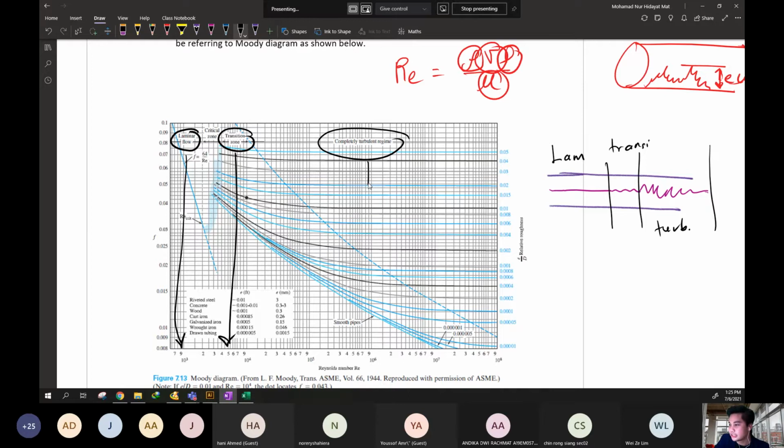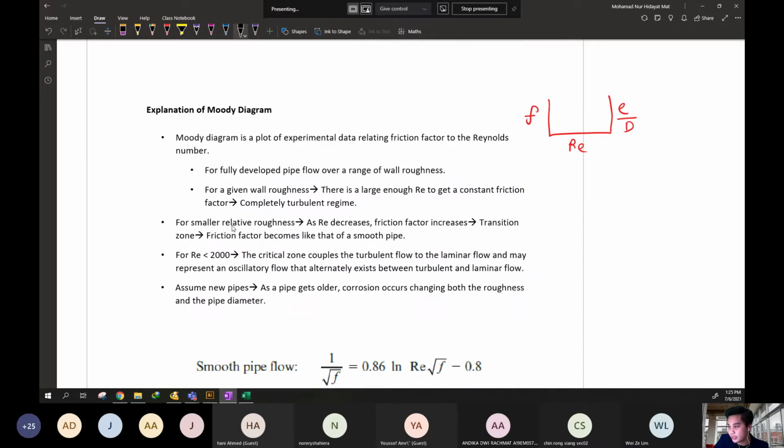For a smaller relative roughness, that means the E over D, E is very small and D is large. As the Reynolds number decreases, the friction factor increases. So at low Reynolds number, the friction factor increases. Is it true?